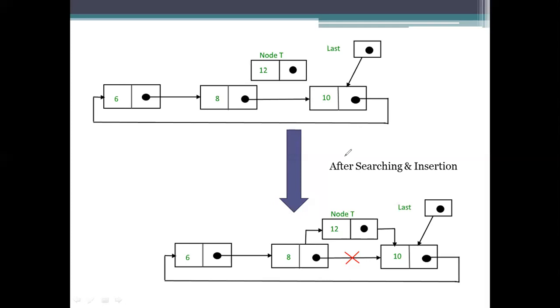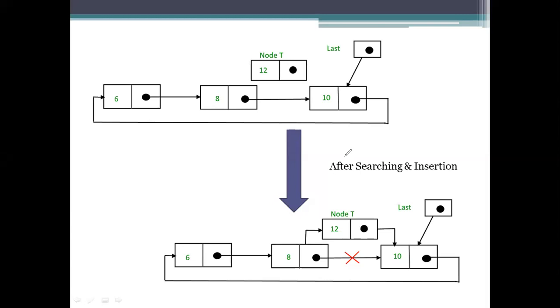Insertion, mostly we will deal with insertion only, because deletion means at any node we will delete it. But insertion, arrays do not provide insertion easily. Because to insert a data, we have to move the data, and then next we need to specify.